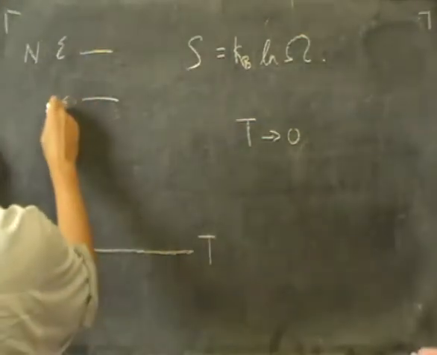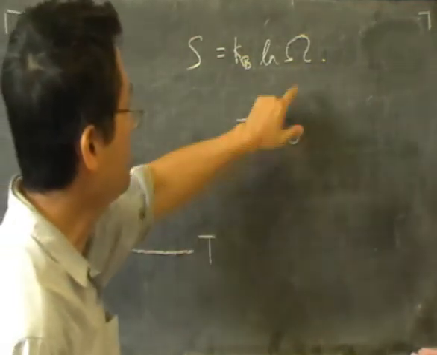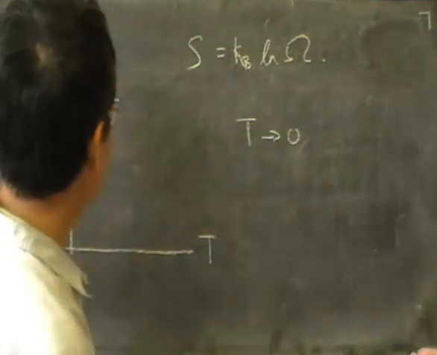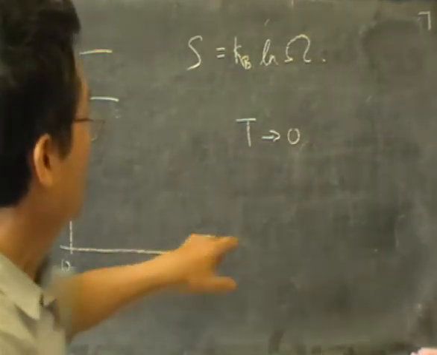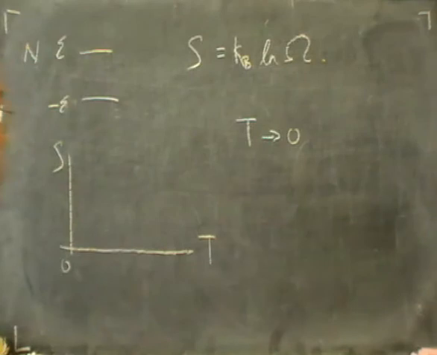The lower level is minus epsilon, the higher level is epsilon in this example. So, in order to use this formula, I need to know the number of arrangements of the particles among the two levels when T goes to 0. So what happens when T goes to 0?